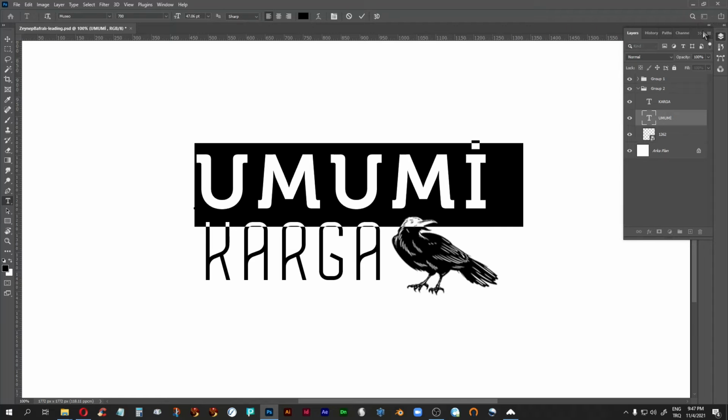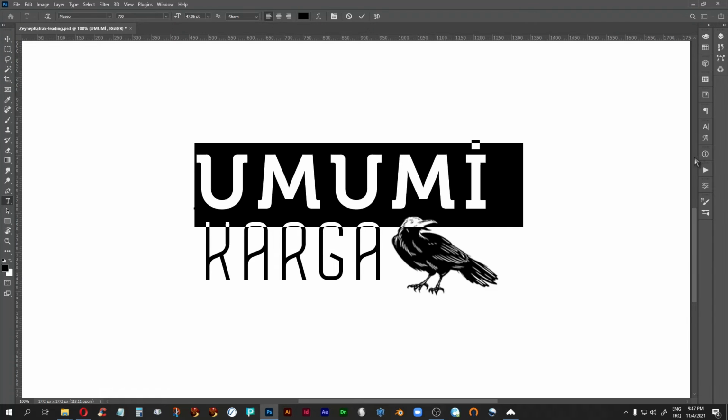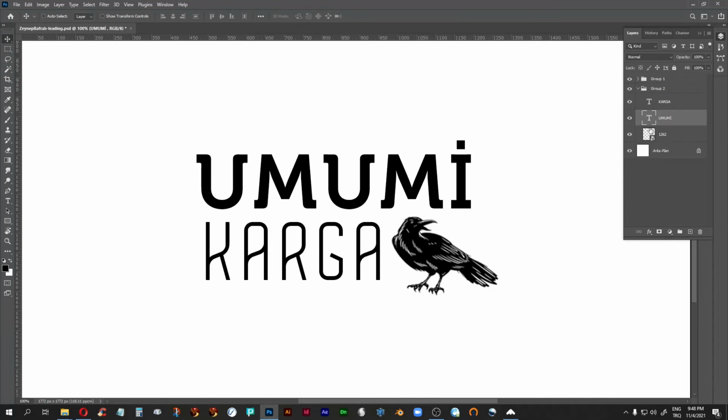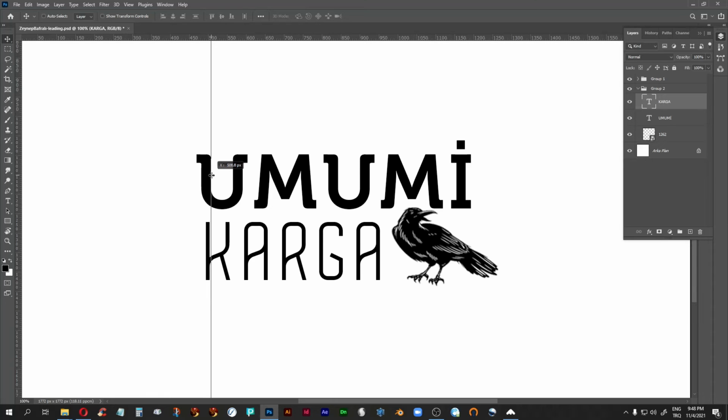The bold is creating a contrast, because this is light and this is bold. What I would probably need to do is decrease the kerning a bit, like so. And then I could move the crow even further in. Then let's add a guide here.